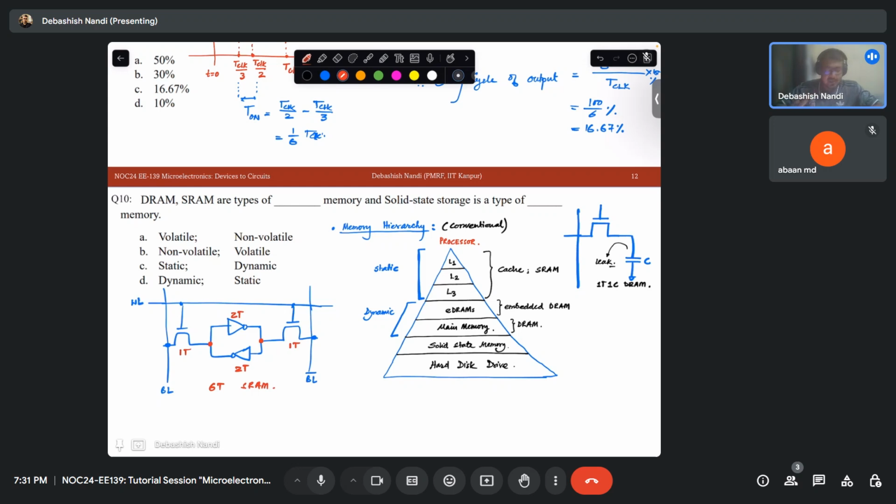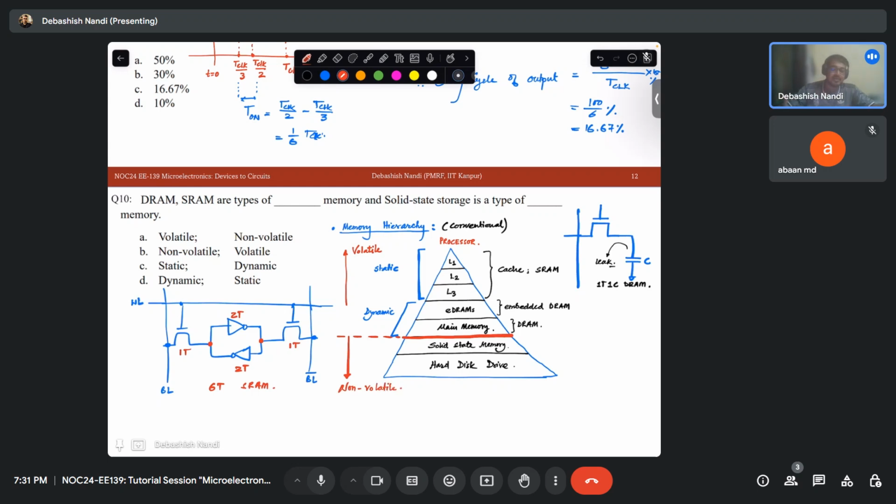For today's session, just understand that above this red line, you have volatile, and beyond this red line, you have non-volatile type of memory.